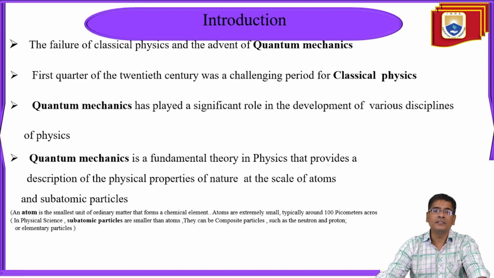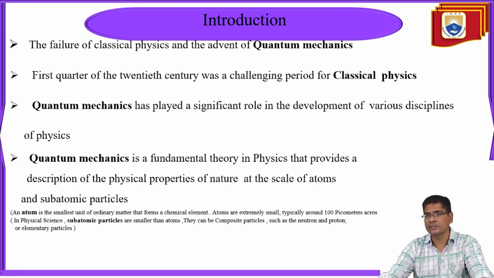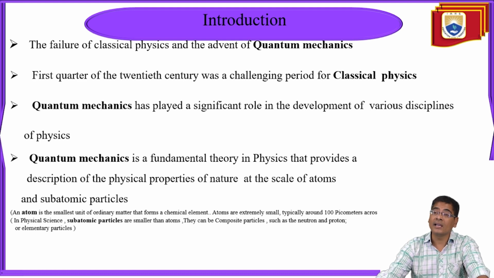There are many reasons for the failure of classical physics and the existence of quantum mechanics. The first part of the 20th century was a challenging period for classical physics. That means there were certain phenomena or properties where classical physics was unable to explain them.